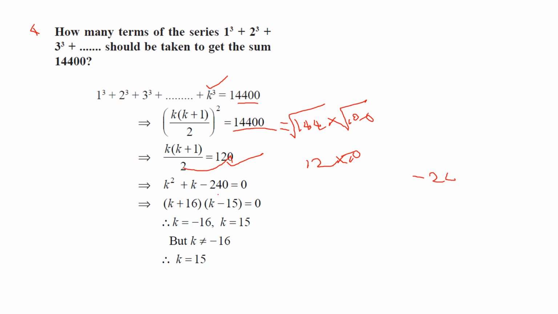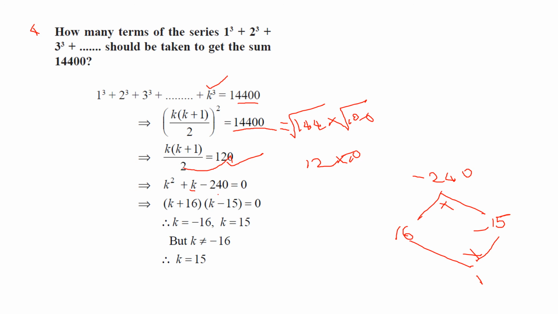How will you find? Already you know that. So here you take 16 and minus 15. If you multiply 16 into minus 15 means you get minus 240. If you add 16 minus 15, 1. So here k is 1, that is correct.